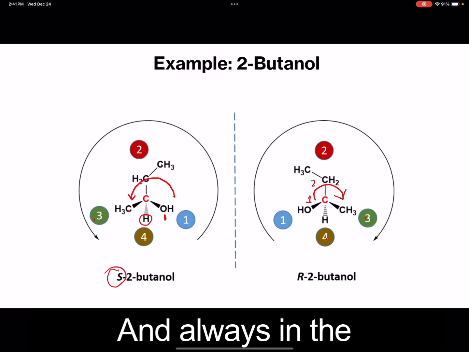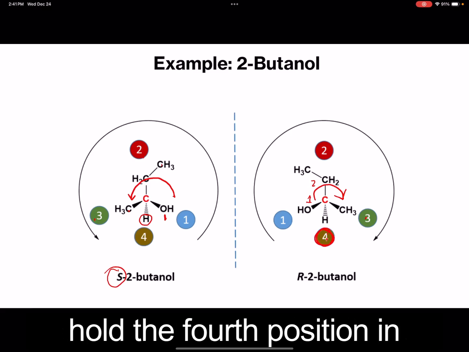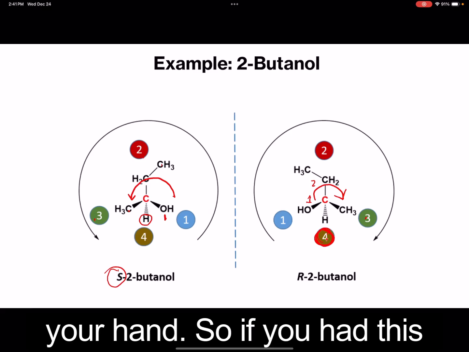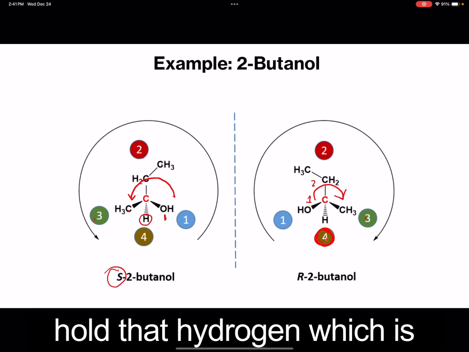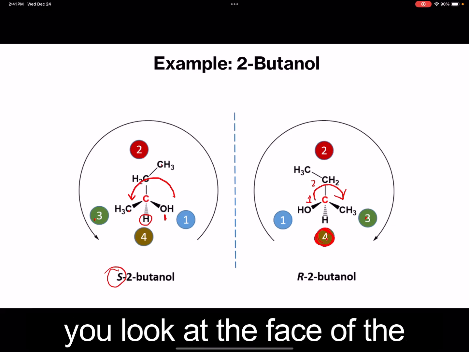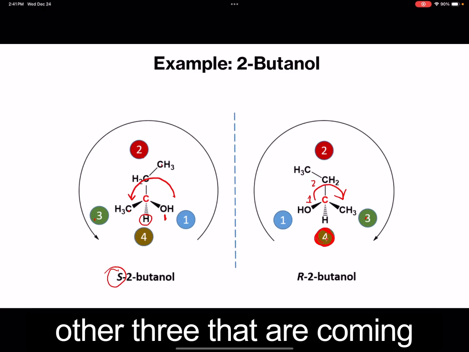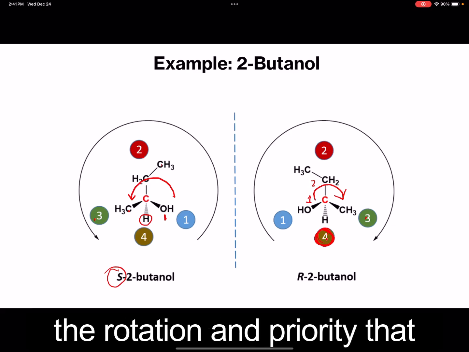And always in the CIP configuration, it's helpful to hold the 4th position in your hand. So if you had this molecule in your hand, you hold that hydrogen, which is the least priority, and then you look at the face of the other 3 that are coming out at you, and you can see the rotation and priority that way.